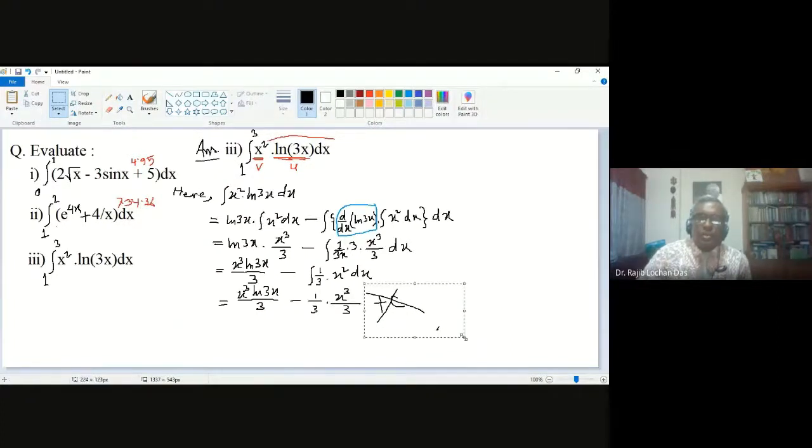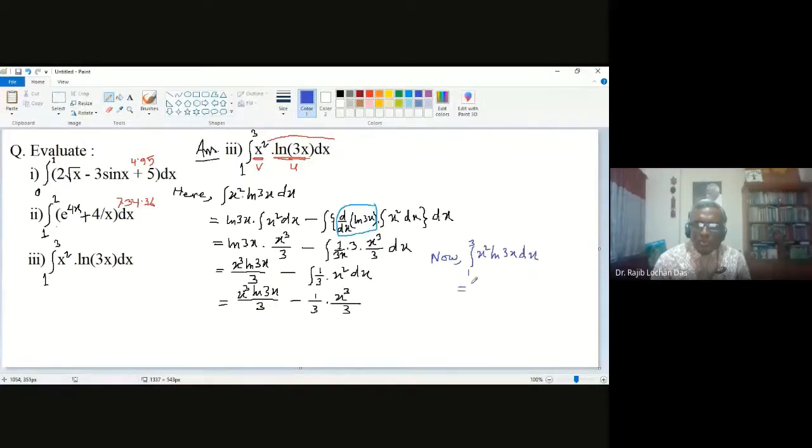Okay, so this is the finishing of our integration, and now we move to the next level. That is, now we will use the numbers of x given, that is the range of x values. So in the next line you will write integration 1 to 3, then x square ln 3x dx is actually what we have got.